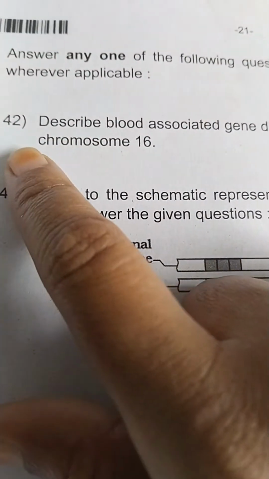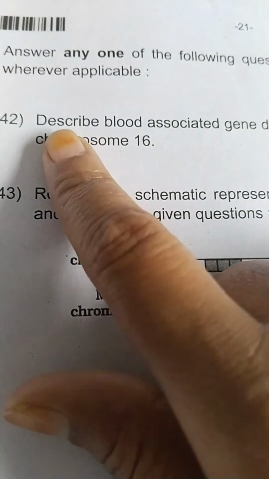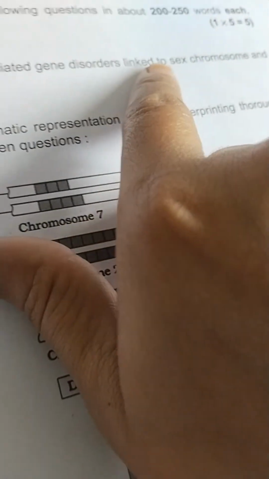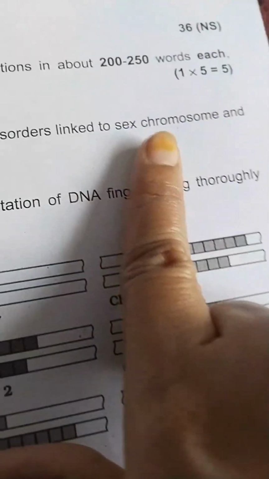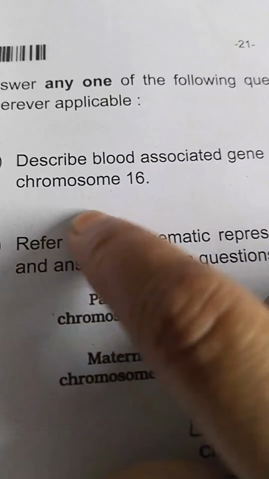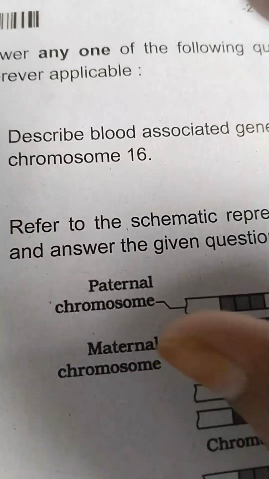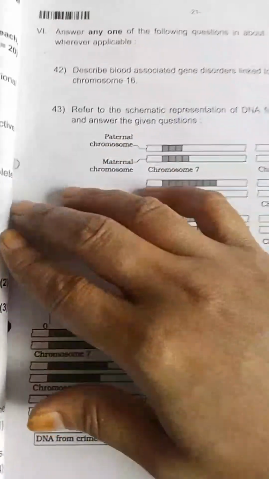First question, question number 42: describe blood associated gene disorders linked to sex chromosome and chromosome 16. Only one out of these 3 we need to answer.